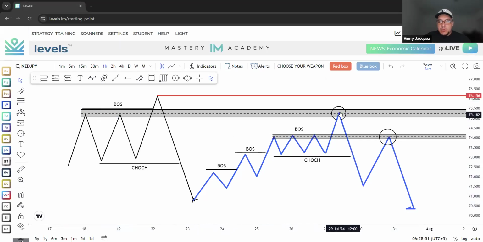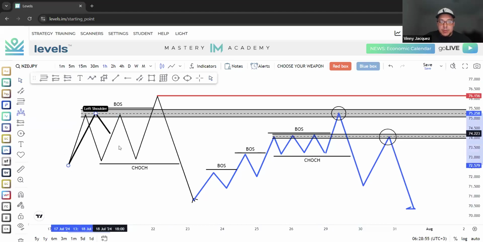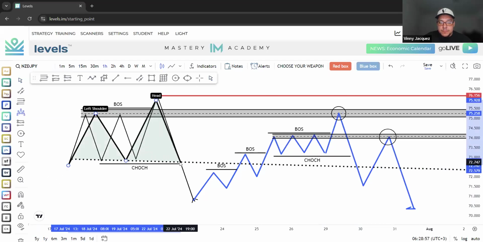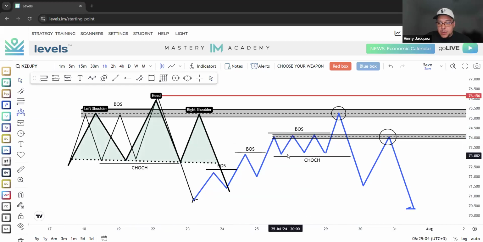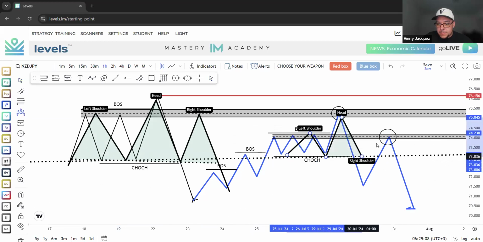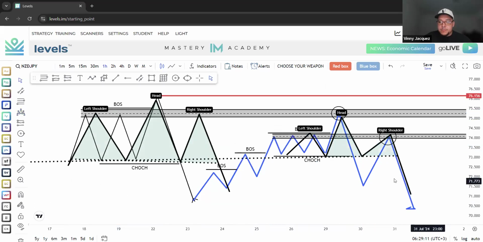So anytime we get a right shoulder, boom, we have the head and shoulder setup complete, right? Right shoulder. But then we have another one right here. Right shoulder.